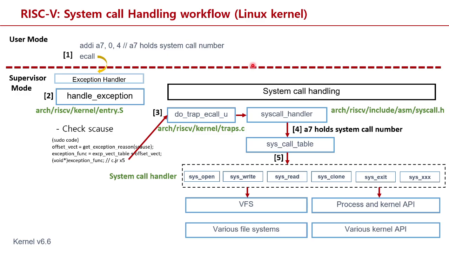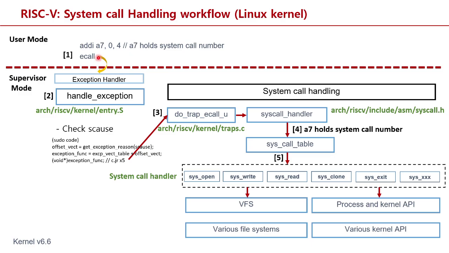Now, let's take a look at another interesting workflow, when the ecall assembly instruction is called in user mode. In the RISC-V architecture, we have two separate privilege modes. The first one is user mode, and the second one is supervisor mode. When the ecall assembly instruction is performed in user mode, a trap is taken by the RISC-V core at the microarchitecture level.